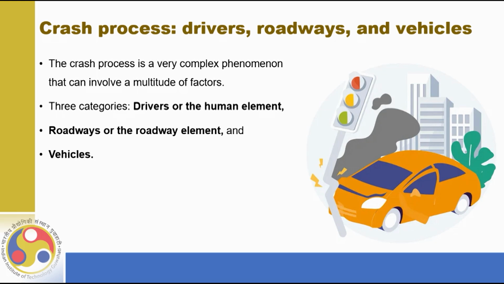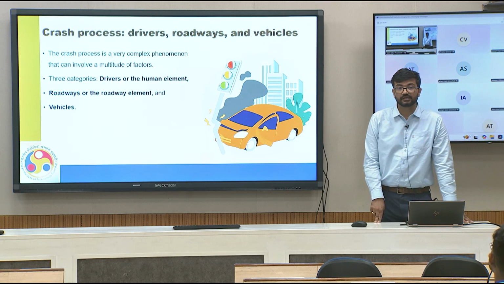So next will be the roadway elements, right? The next broader category of factors, if we look, are the roadway or road elements. So what are the factors that might come under this, that might be associated with accidents? Geometrical design, yes.